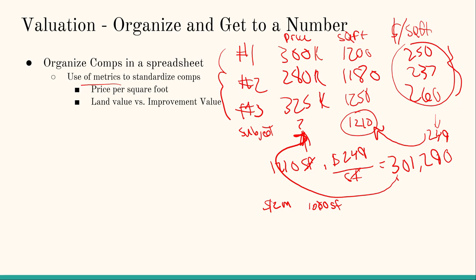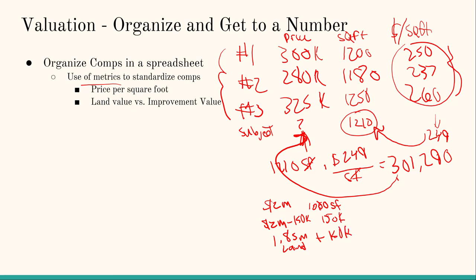The improvements, which is this building, is worth 150K. And when you subtract that from 2 million, you get the land is worth 1.85 million, and the improvements are 150K.